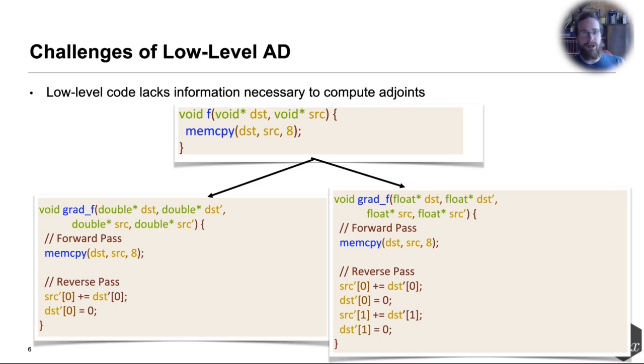So, as an example, if we take the C function f, which is just a memcpy from a source array to a destination array, then dependent on the type of the data we are passing in, we will have to synthesize different gradients. And that is due to the fact that float and double have different sizes. And so the semantic information must be preserved that we are operating over floating point elements of size 32 or size 64.